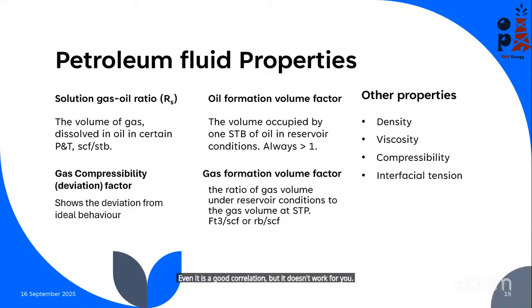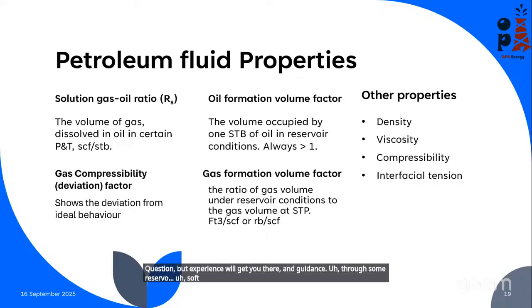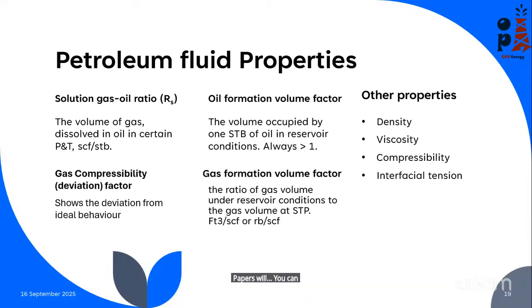So you have to be very careful to choose the right correlation before you start. How to choose? This is another topic, and a very complicated question, but experience will get you there, and guidance through some software and some papers, you can find the right path to start.